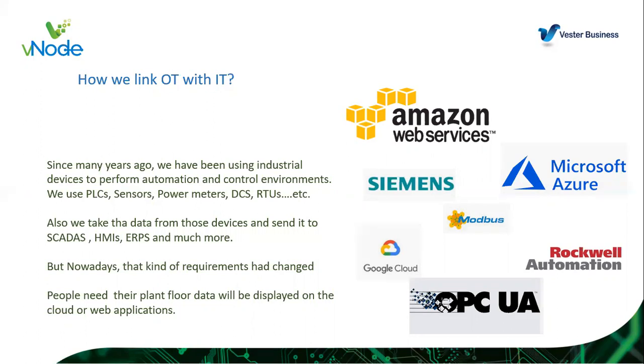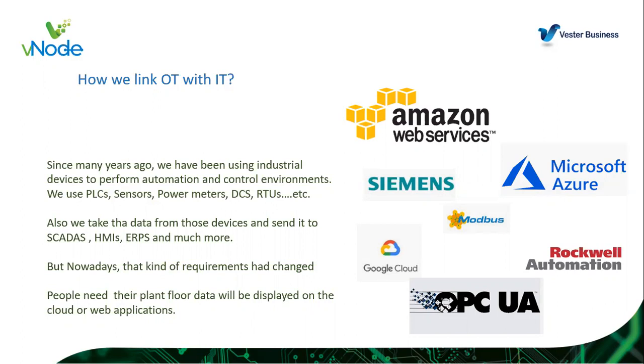Because, as you know, there are different protocols between them, okay? If you are using Schneider, you would be using a Modbus protocol, Modbus TCP or RTU, which works over the TCP channel, okay? But Amazon Web Services talks only MQTT, or even OPC UA, okay?